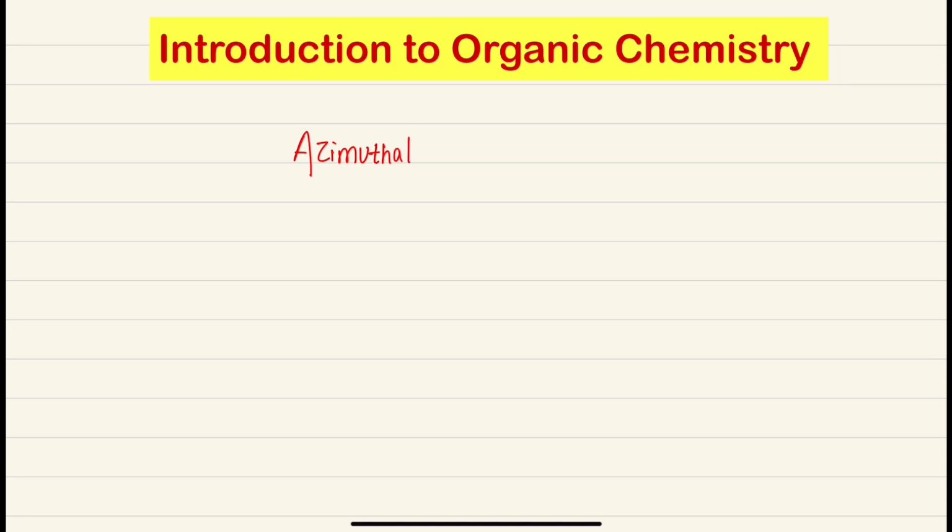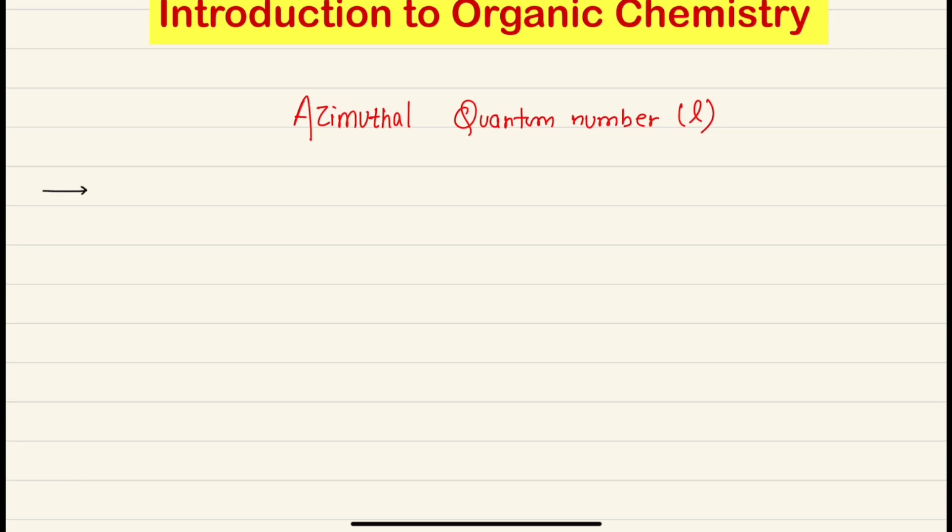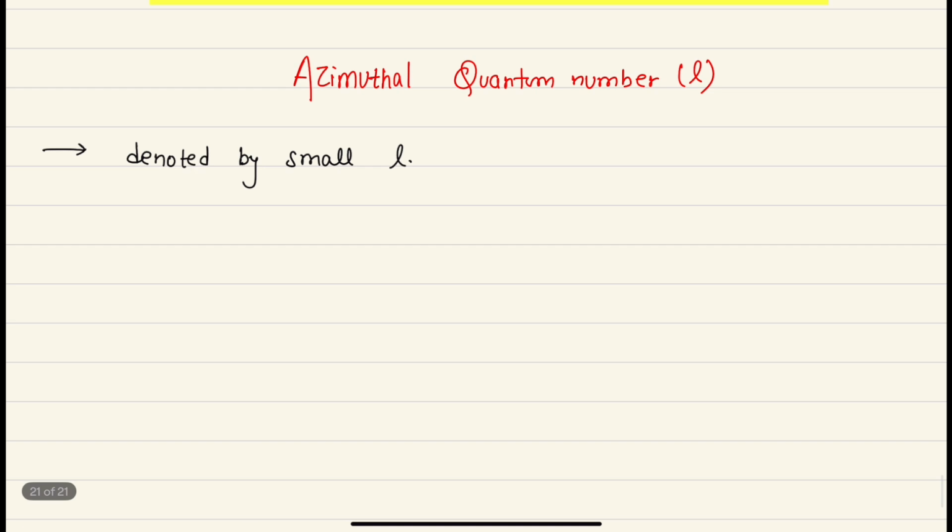This quantum number is denoted by a small l. Now, the first point is that the Azimuthal quantum number is denoted by a small l.